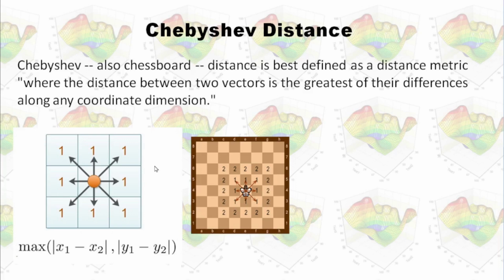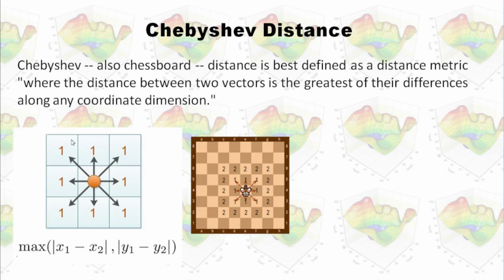Next distance metric is called Chebyshev distance or chessboard distance. It is best defined as a distance metric where the distance between two vectors is the greatest of their differences along any coordinate dimension. Think about this two-dimensional space.